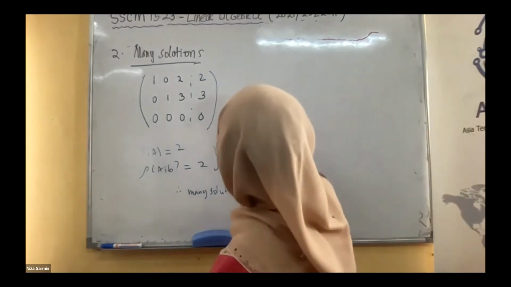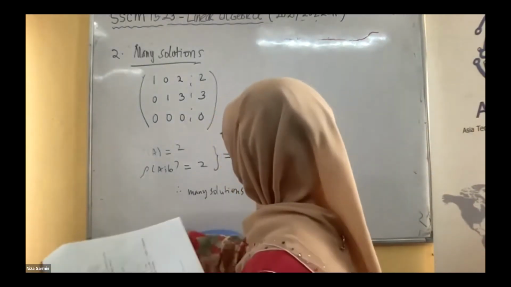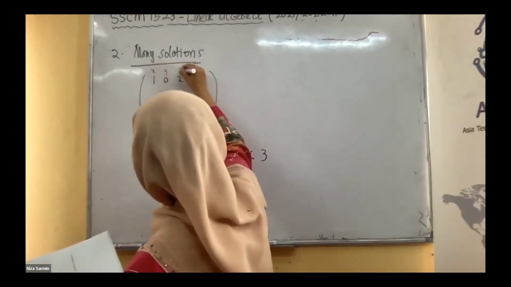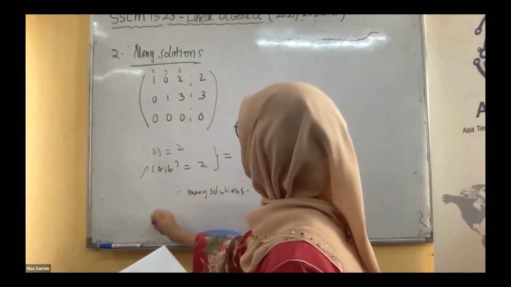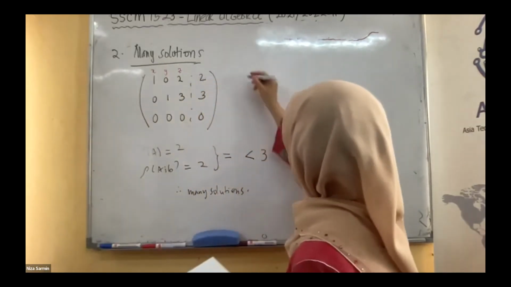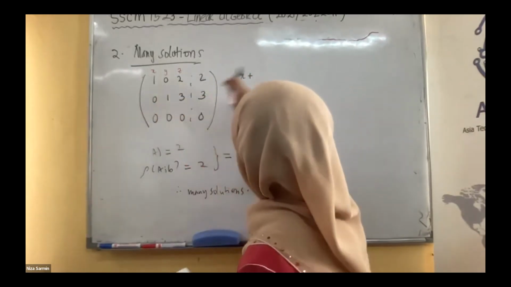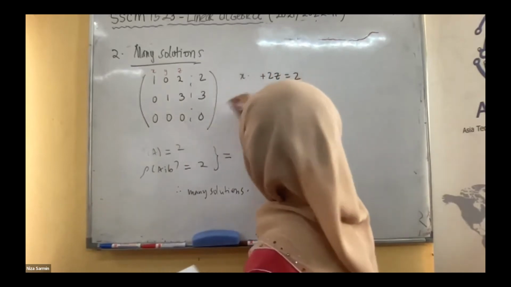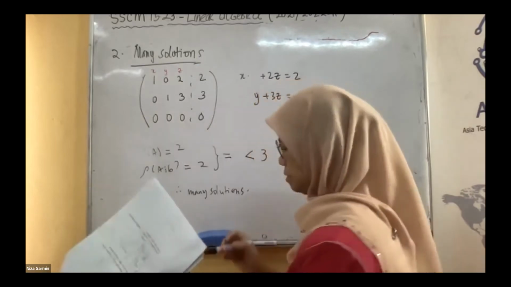Okay, so we write. Suppose the variables are x, y, z. So we put x plus 2z is 2, y plus 3z is 3.